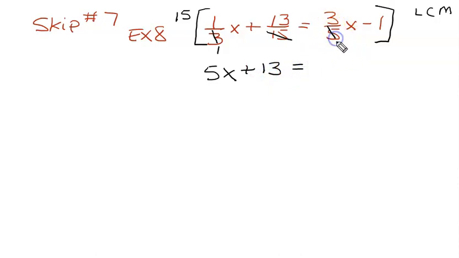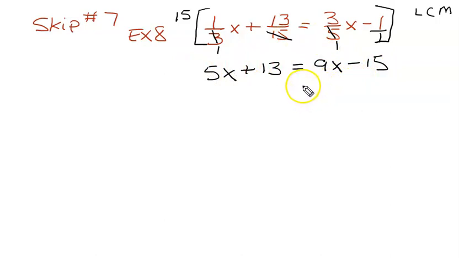Now 5 goes into 5 once, 5 goes into 15 3 times, so 3 times 3x is 9x. And then here, remember, there's a denominator of 1 already, so it's 15 times a negative 1 is a negative 15. So now you're dealing with a much easier equation. It's not the same, but it's equivalent. You've made it bigger, getting rid of all the fractions.